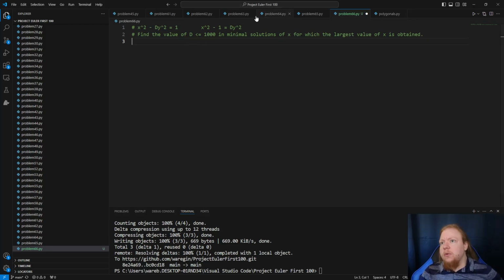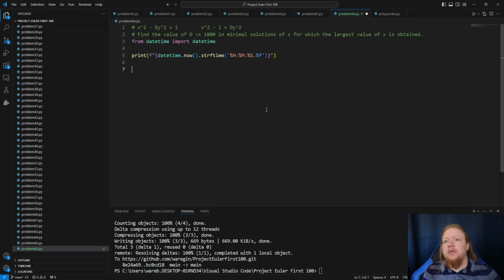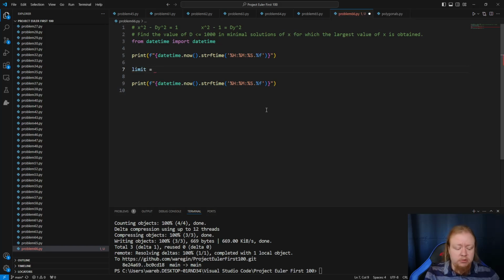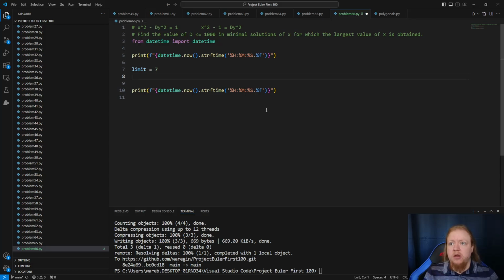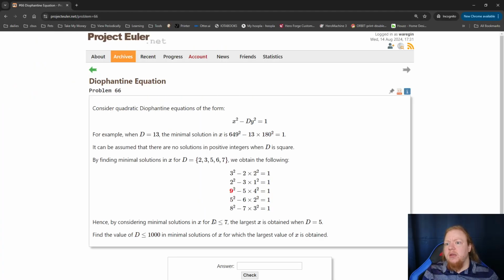So, go grab our favorite datetime lines. Okay, and then limit is equal to, I'm going to start with 7 to prove out the concept, and then we'll change it to 1000. Because what I want to be able to see is we are going to have d equals 5 and x equal to 9.